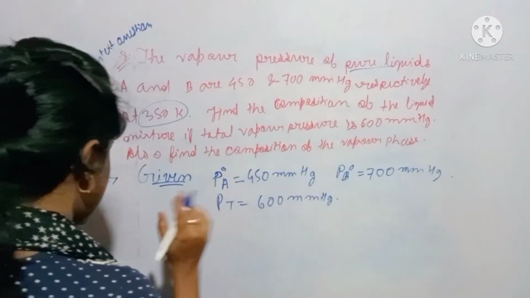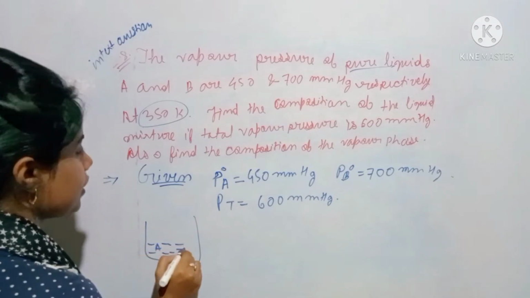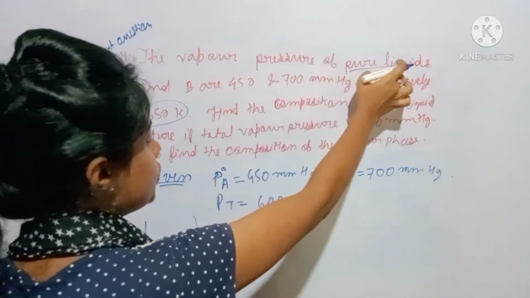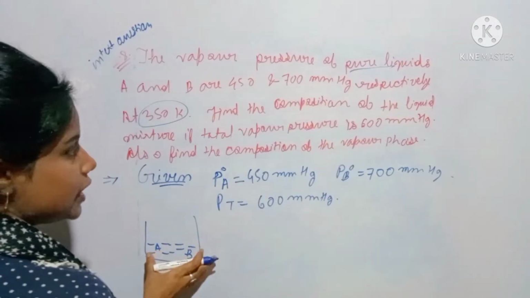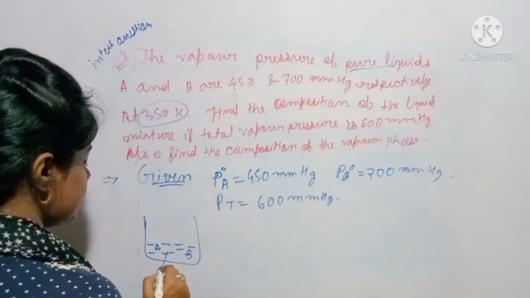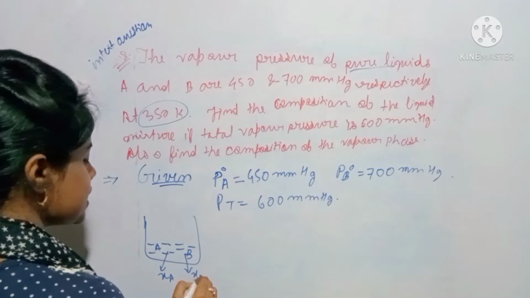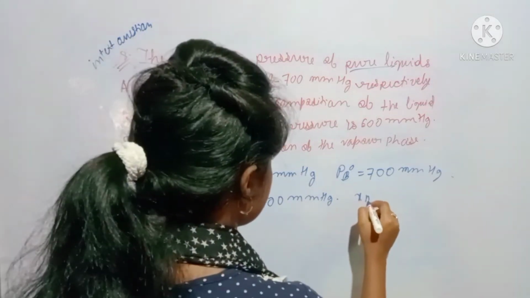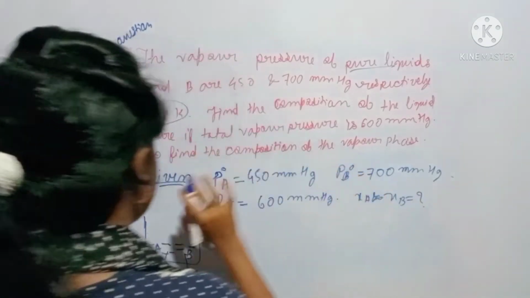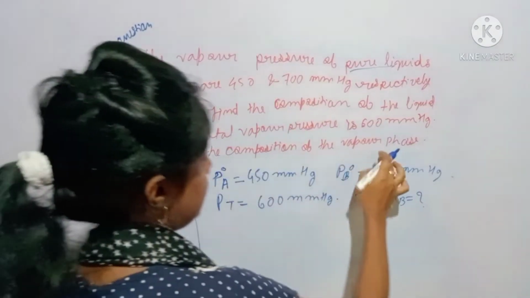If we mix two liquids, A and B, both pure liquids, they have some composition. For A the composition is XA, and for B the composition is XB, so XA plus XB equals 1. And we also have to find the composition of the vapor.